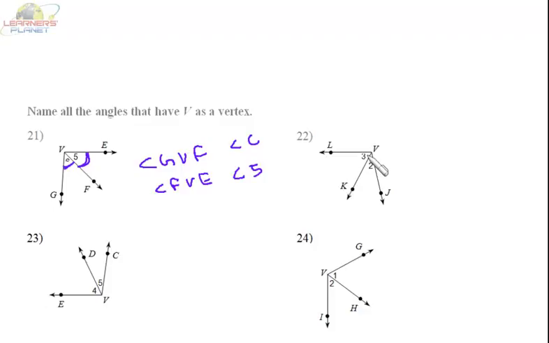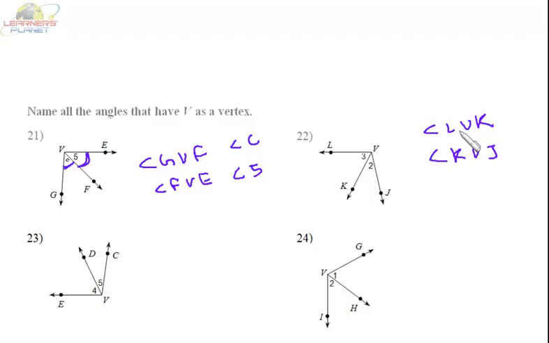Just see over here, the rays VL and VK are meeting at point V, or we can say vertex V. So it's angle LVK, or angle KVL. Similarly, it's angle KVJ or angle JVK.